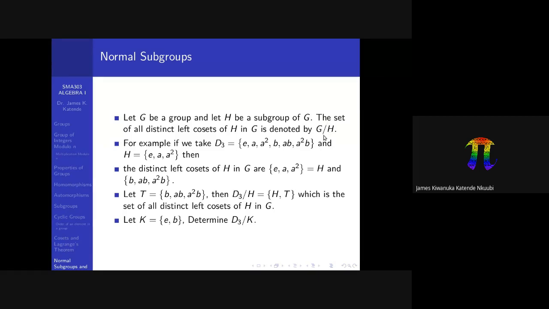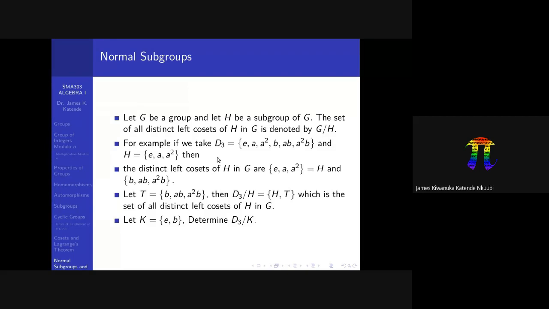Remember, this is a slash. It's not a vertical line and it's not a backslash. So this is a set containing all the left cosets of H in G.